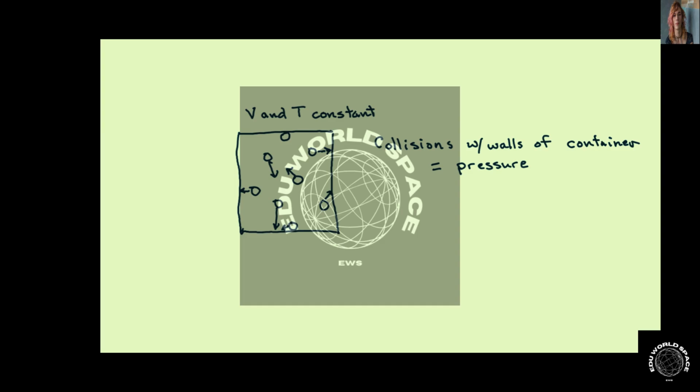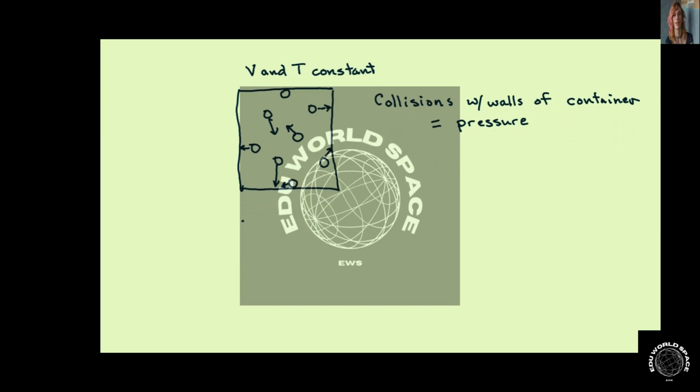So we want to know if we want to reduce the pressure by a factor of 2. So we want to decrease this pressure by a factor of 2, and we want to know what the drawing would look like. Well, decreasing it by a factor of 2 means that we need half as many collisions.